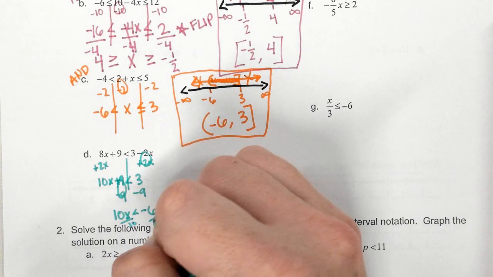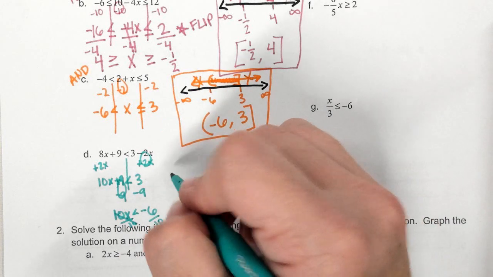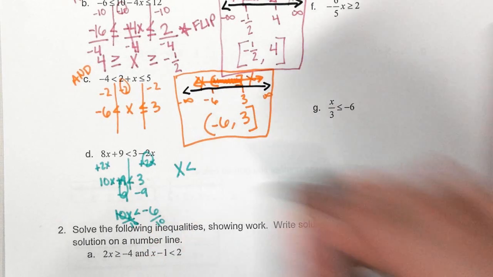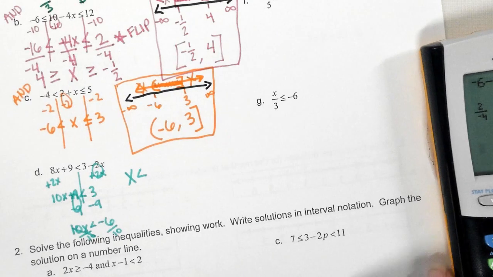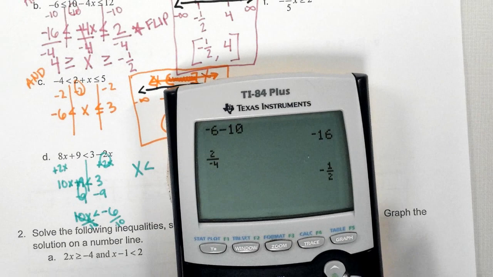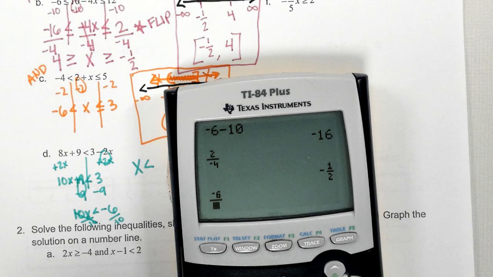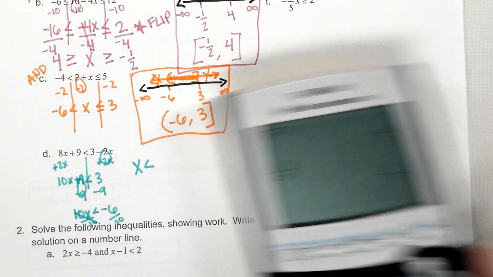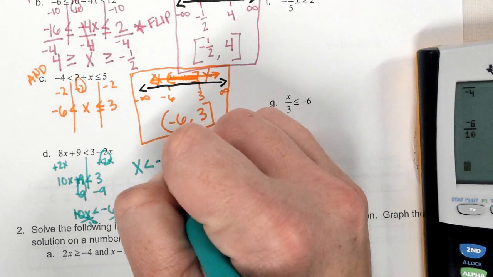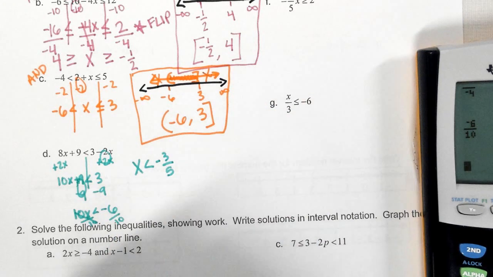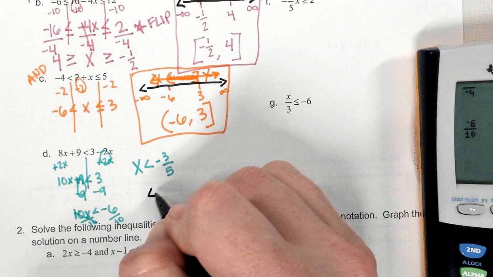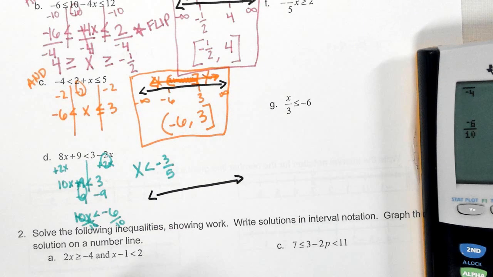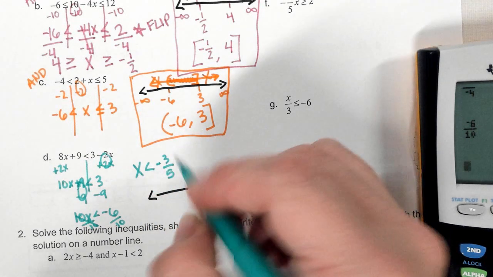Divide by 10, divide by 10, and again I get x is less than, well, negative 6 over 10. So again, if you struggle with simplifying fractions, first off, I know that those are both even numbers, so they're going to simplify. If you're not sure if they simplify, you can also type them in the calculator. It's the same thing. So it gives me negative 3/5. So x is less than negative 3/5.